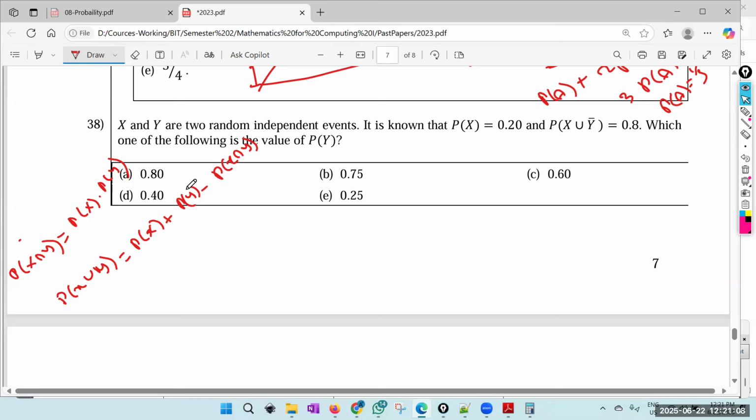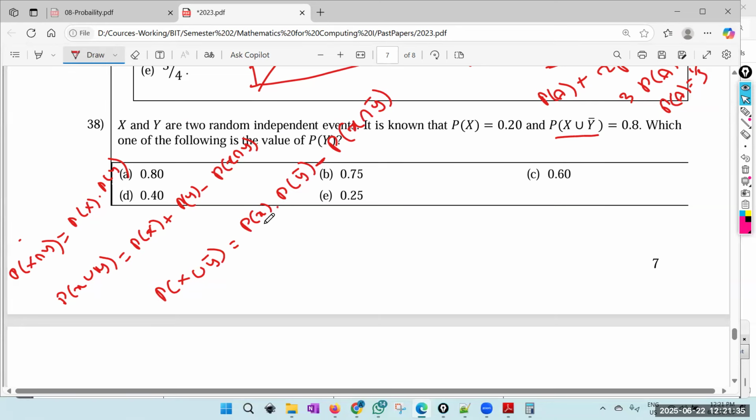So that is why I applied here: I applied P(X union Y bar) as P(X) plus P(Y bar) minus P(X intersection Y bar).